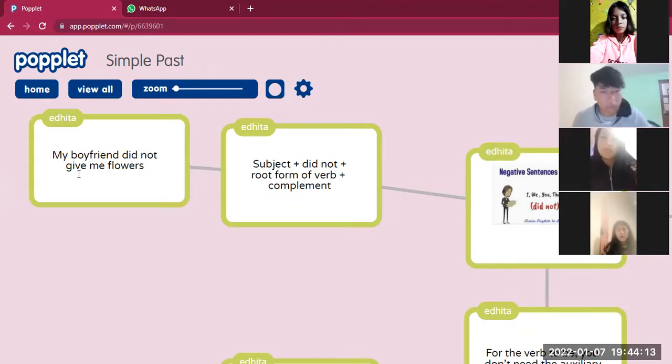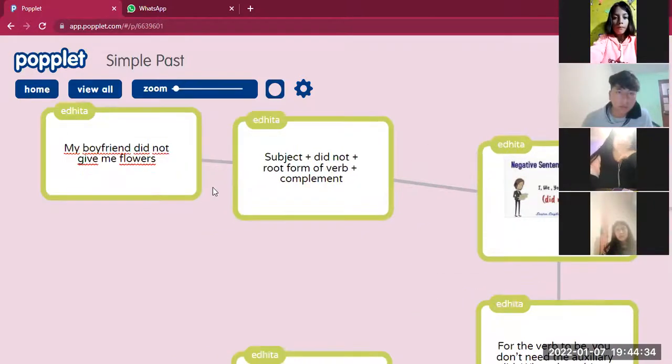Okay, in this case, we do not use the verb in the simple past. We use did not, the auxiliary did. If we use the auxiliary did not, we are referring to an action in the past, but it's a negative sentence, an action that did not happen in the past. Okay.